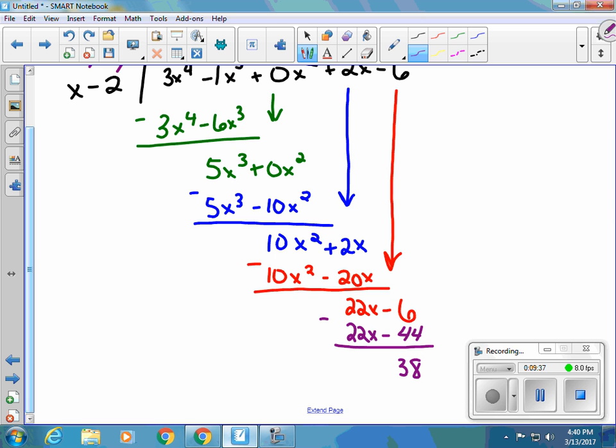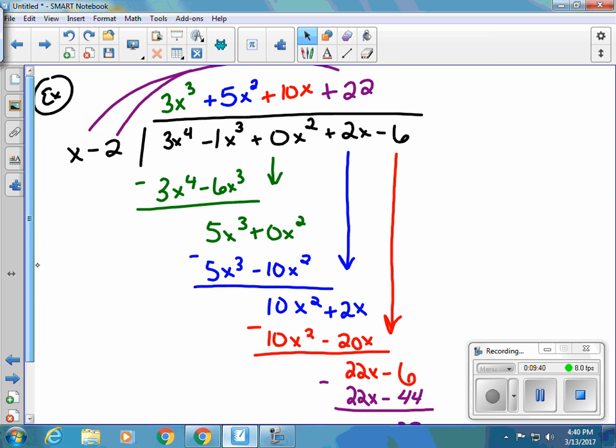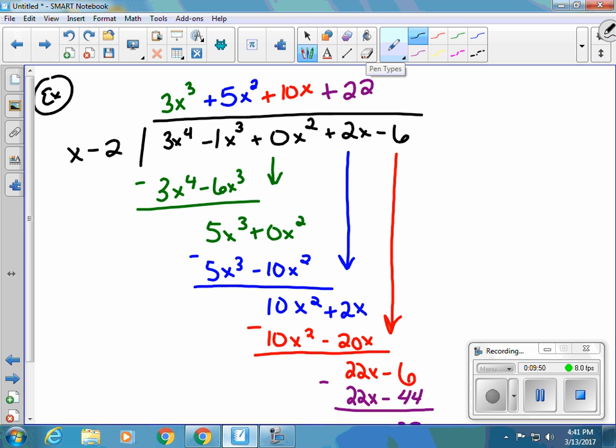So what we do then in this case, we know that this top part is that 3x cubed plus 5x squared plus 10x plus 22. So then I'm just going to put, like you did in grade school, remainder 38.